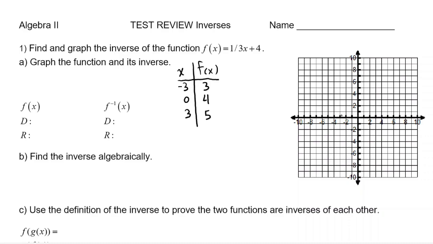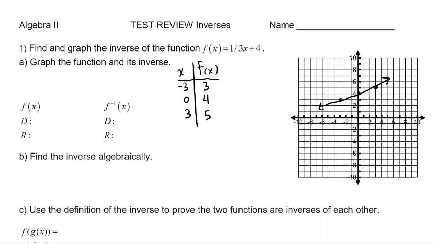So what I'm going to do is graph this. So I get -3, 3, 0, 4, and 3, 5. So there is my graph of f of x.